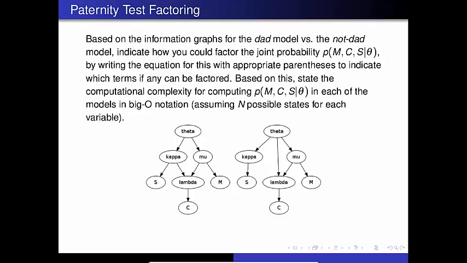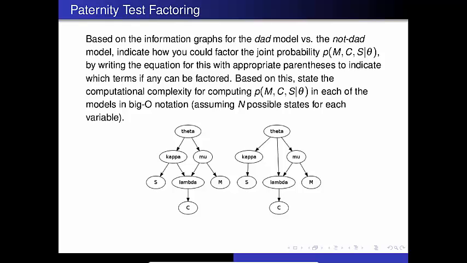And second, state, based upon the factoring of that joint probability, if it can be factored at all, what the computational complexity for actually calculating that joint probability would be. And in the usual way, let's state our computational complexity in big O notation.